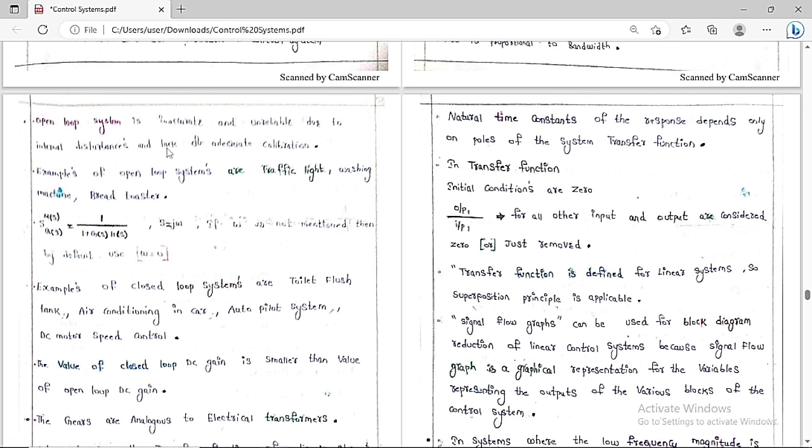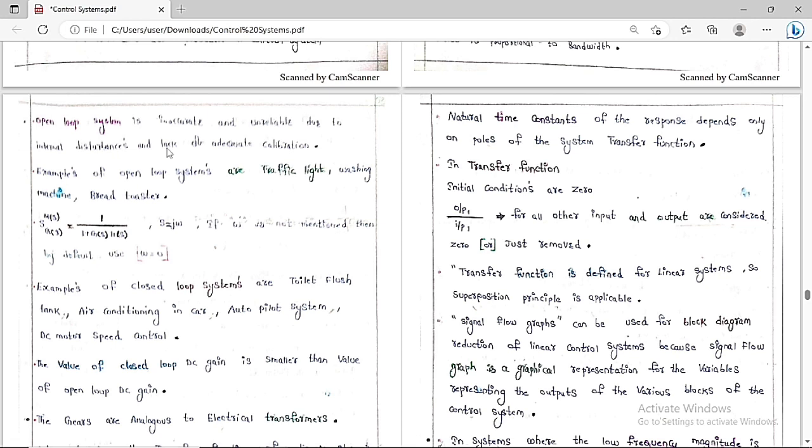Bread toaster means, suppose you went to a shop and ordered a samosa, and you want it to be very hot. It is kept in the bread toaster so that it becomes very hot. If you keep it for too long, it will become black in color. But if you keep it for too little time, it will not get heated. So it depends on the customer how much time to keep it. The system will never tell when to remove it.